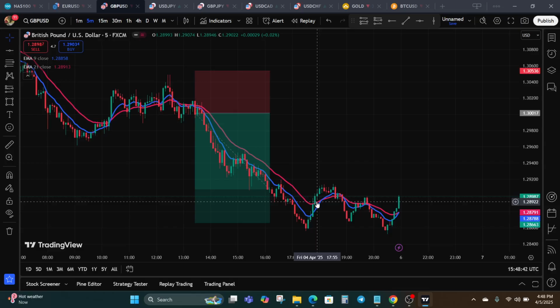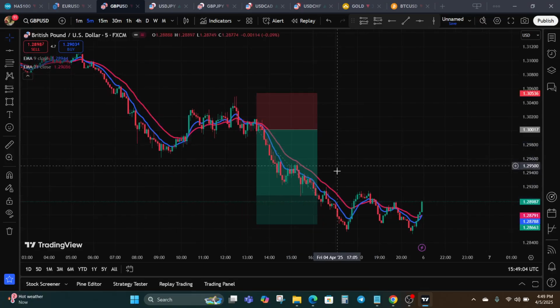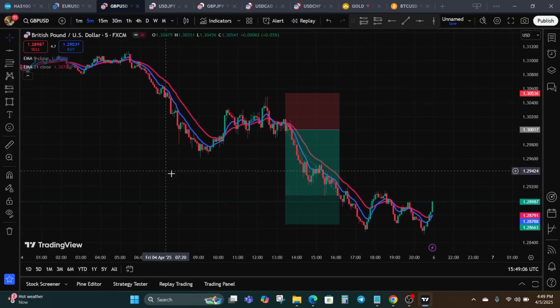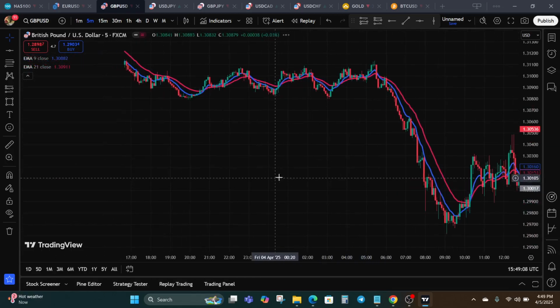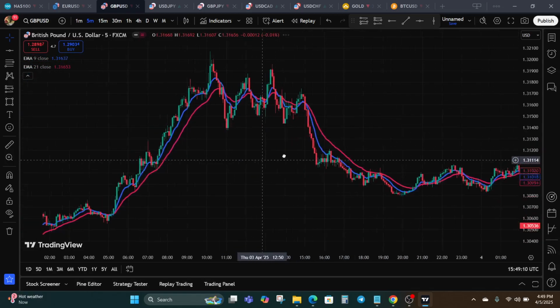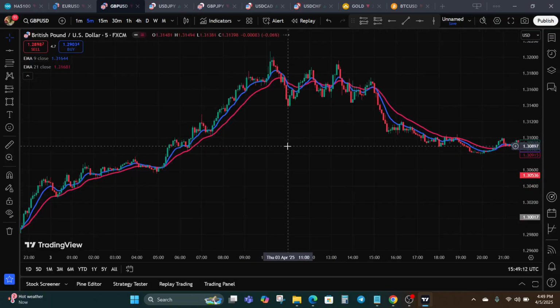For the exit, the strategy doesn't rely on setting specific profit targets. Instead, you close your position when the 9-period EMA crosses back above the 21-period EMA. That is for a sell trade. Or when it crosses below the 21-period for a buy trade, that is, if the trend on the higher time frame was a buy trend.